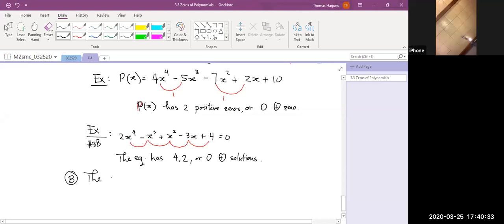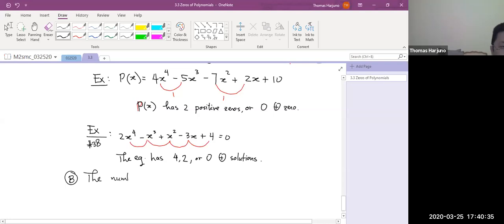The number of negative zeros. Now, by the way, just to remind you, this will give us the number of negative X-intercepts.